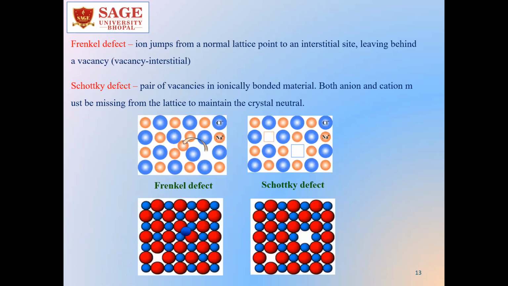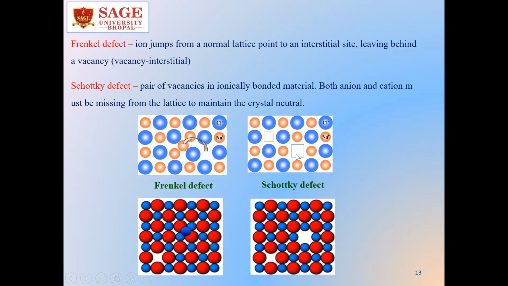What is Frenkel defect? When an ion jumps from a normal lattice point to an interstitial site, leaving behind a vacancy. Okay, so in this case, we can see that sodium is leaving its original position and it is fitting itself in between the interstitial position.